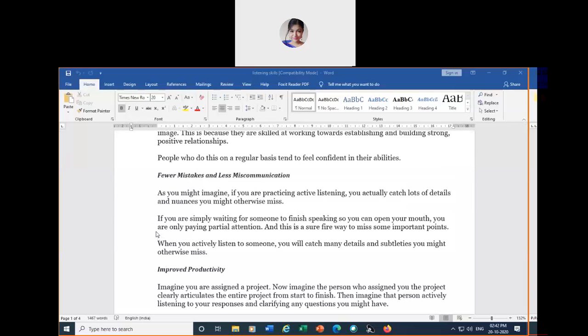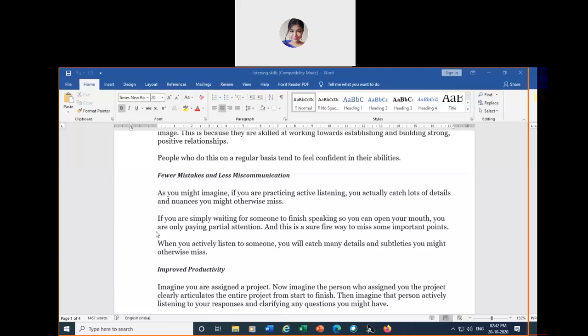For example, if I give you an assignment now, the ones who listen to me properly, to all the information related to the assignment, would not have any doubt or make any mistake, isn't it?